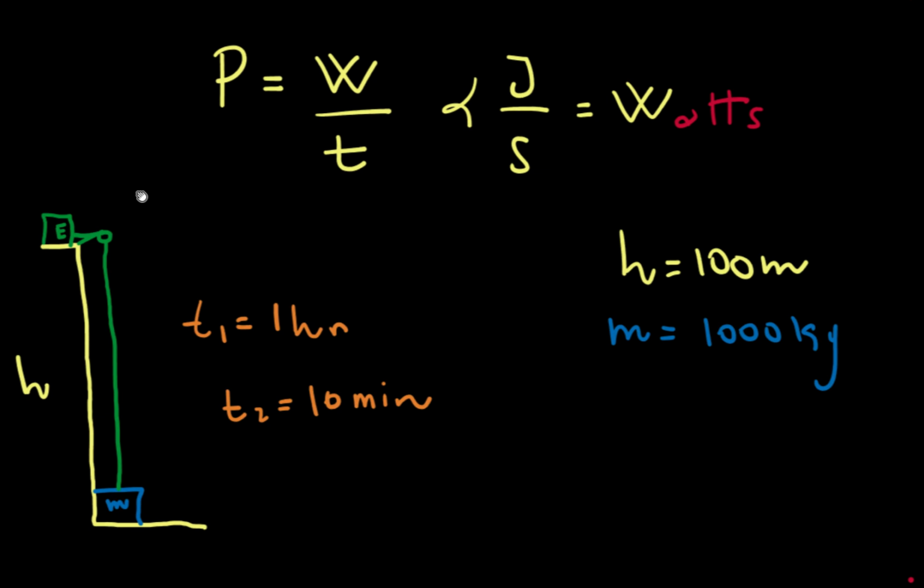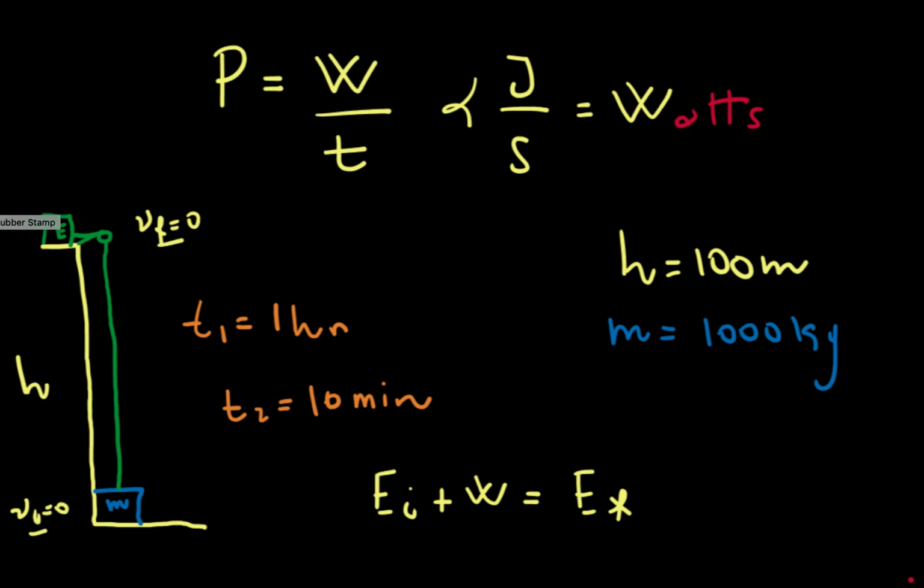If you remember from our previous video, our full definition of work is that the energy initial plus whatever work you do on an object equals its energy final. Now, let's say the mass is stopped here, so the velocity initial is 0. And when you get up here, it's also going to stop, so velocity final is also 0.